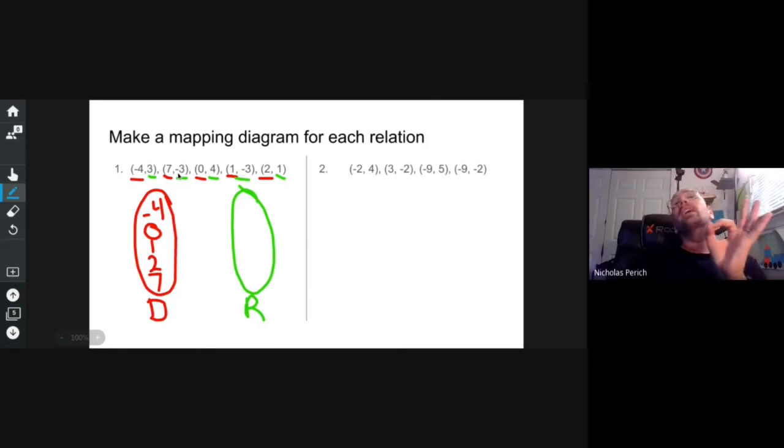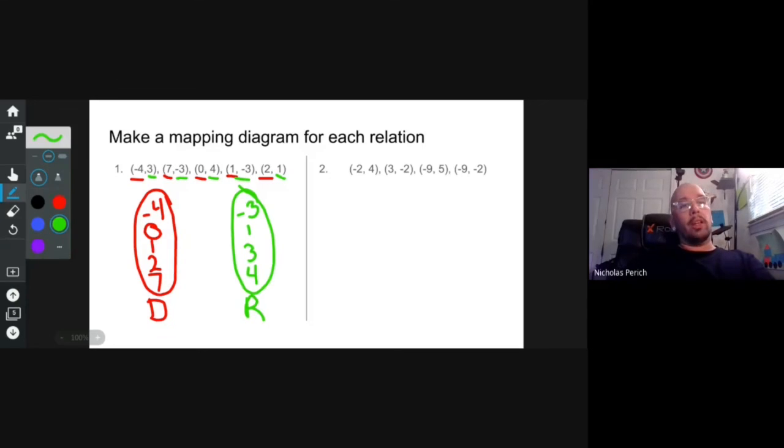I have -3 twice, but I'm only going to write it down one time. Then the next numbers are 1, and then 3, and then 4. So I wrote out my numbers in order.